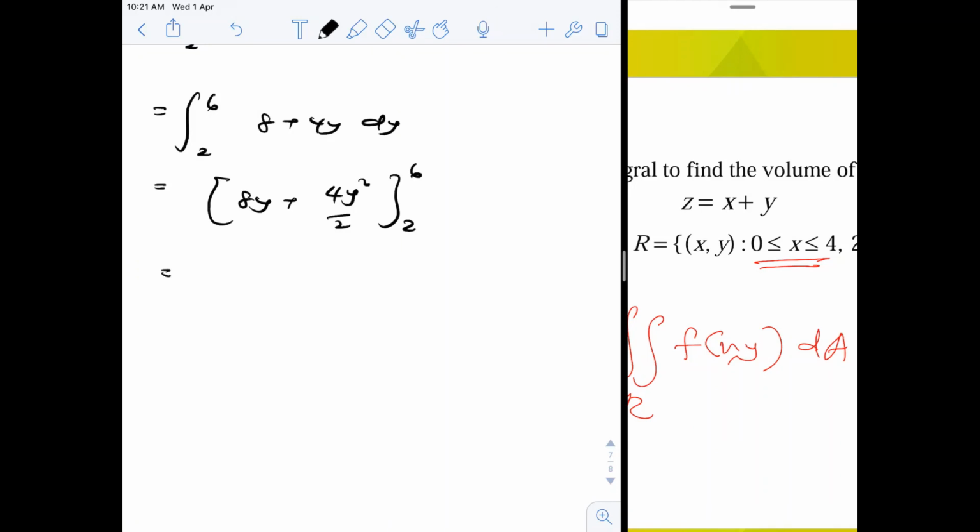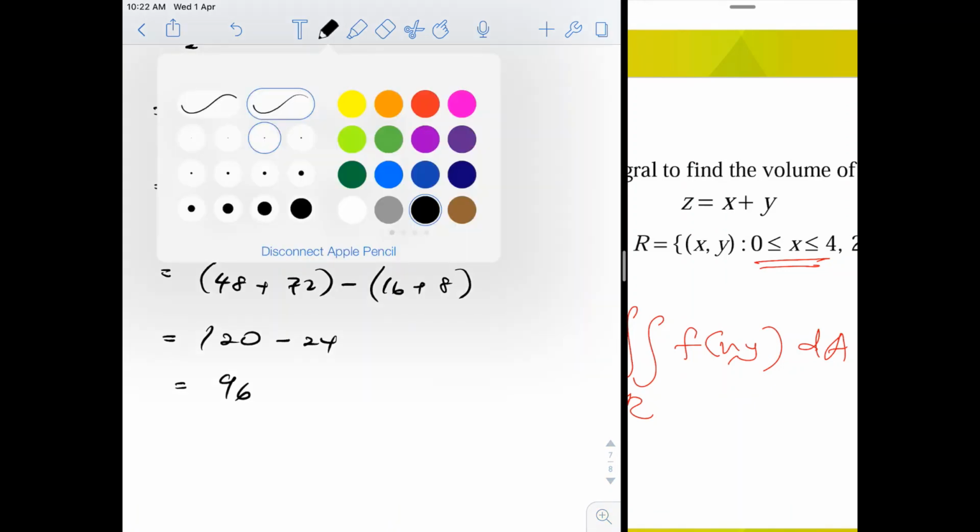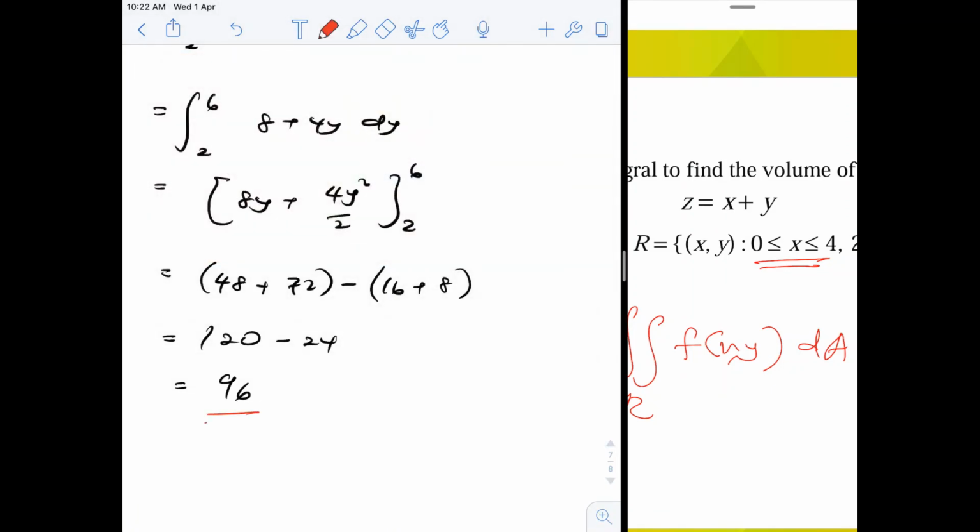We will have 8 times 6 is 48, and 4 divided by 2, so 2 times 36, 72, minus 16 plus 8. So we have 120 minus 24. So the answer is 96. Alright, done.